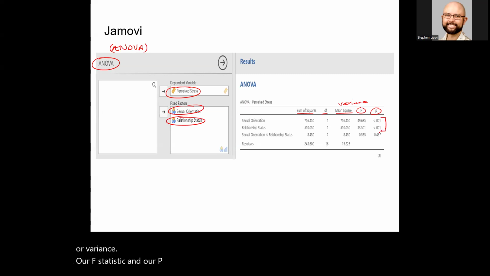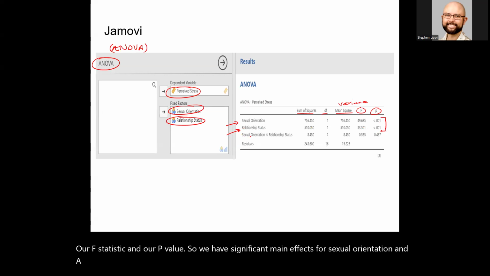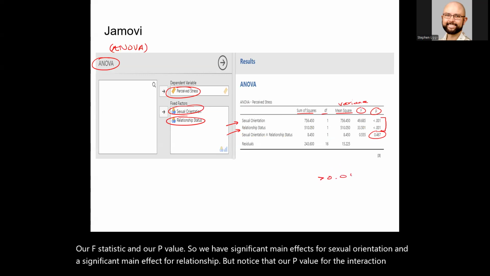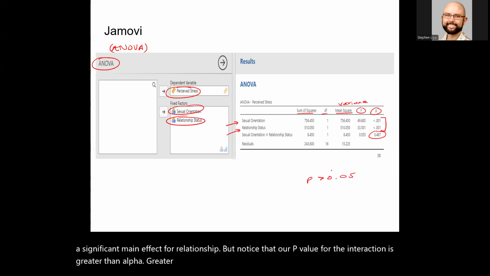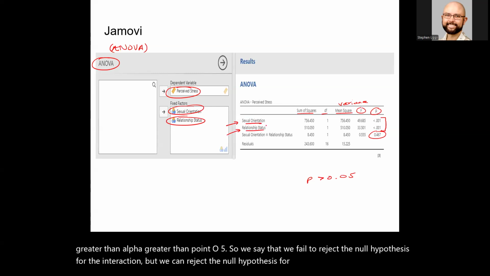So we have significant main effects for sexual orientation and a significant main effect for relationship, but notice that our p-value for the interaction is greater than alpha, greater than 0.05. So we say that we fail to reject the null hypothesis for the interaction, but we can reject the null hypothesis for our main effects.